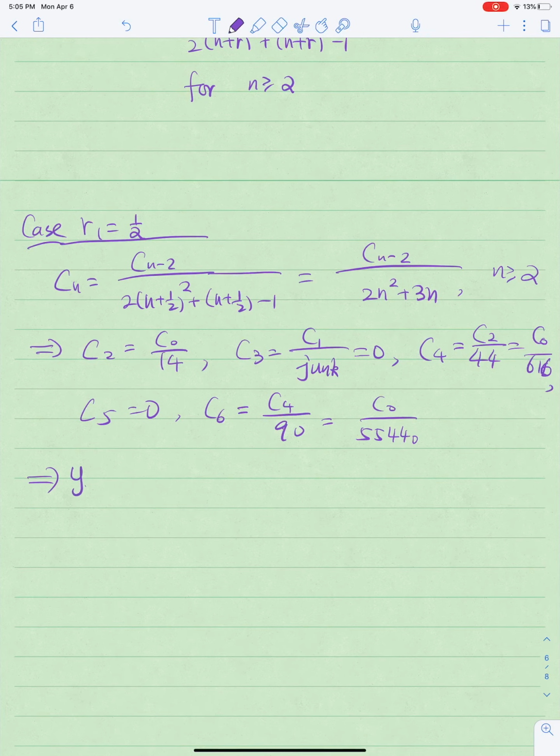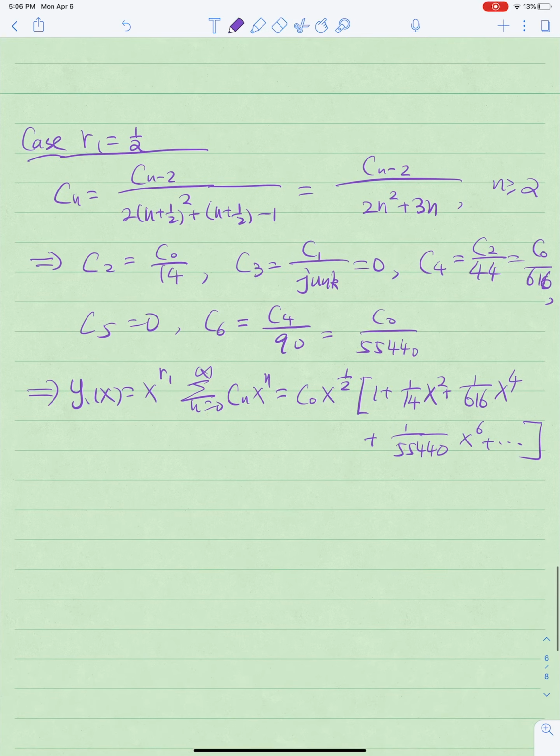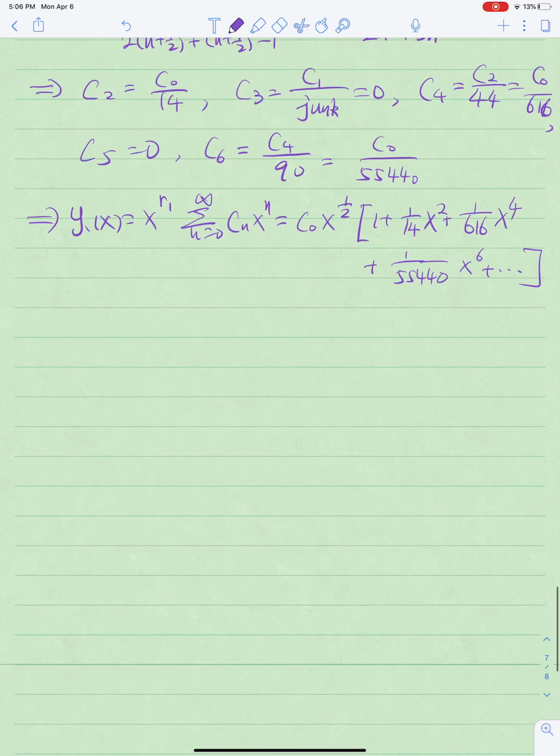So y1(x) is plugging in what the Cn's are, and they all depend on C0, so we can factor that out. And R1 equals half, so there's an x to the half there. Since we don't know what the closed form expression is, we're going to leave our answer like that.